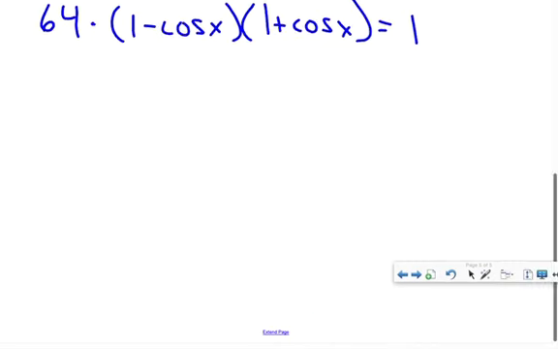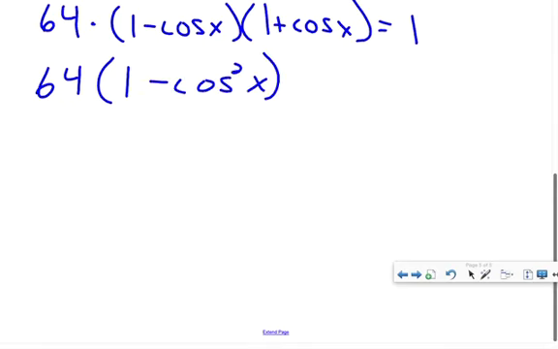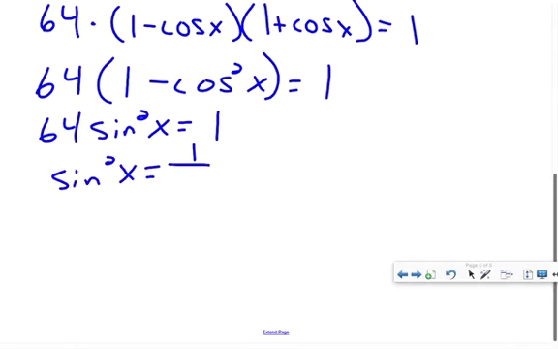If I were to FOIL out that 1 minus cosine x times 1 plus cosine x, I'd get 64 times 1 minus cosine squared x. Oh, well, that's convenient.